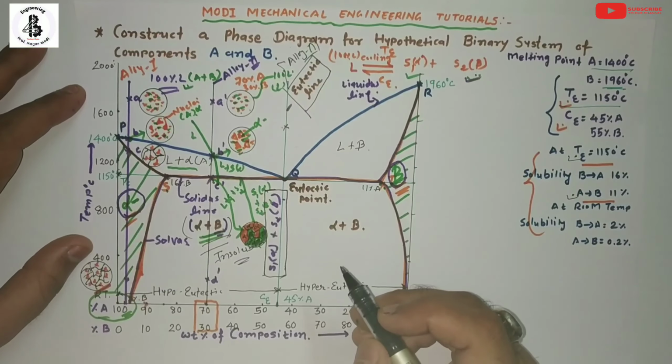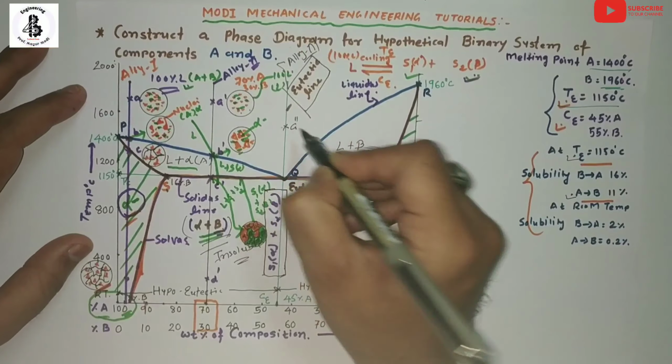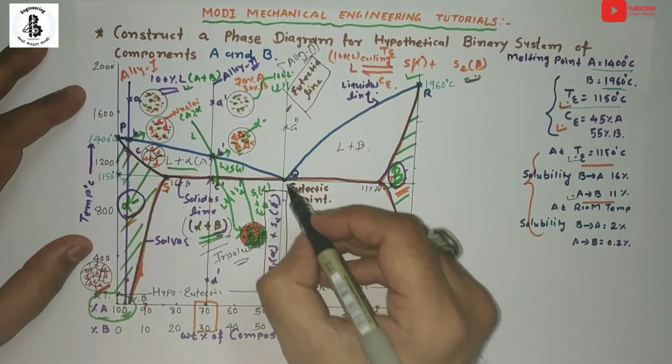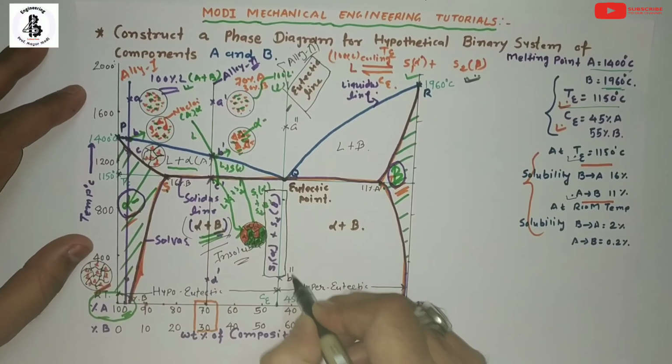So I would like to make a microstructure for A double dash and B double dash, here around room temperature.